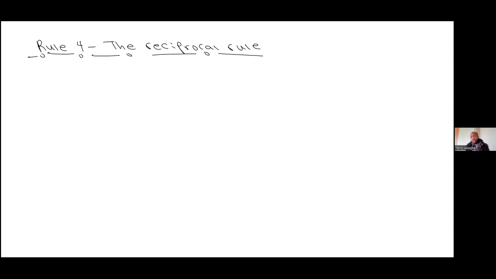So we're going to go straight into it. Reciprocal is talking about things like 1 over x, 1 over y. That means 1 over x is a reciprocal function of x. Is that making sense? So how do you integrate it?